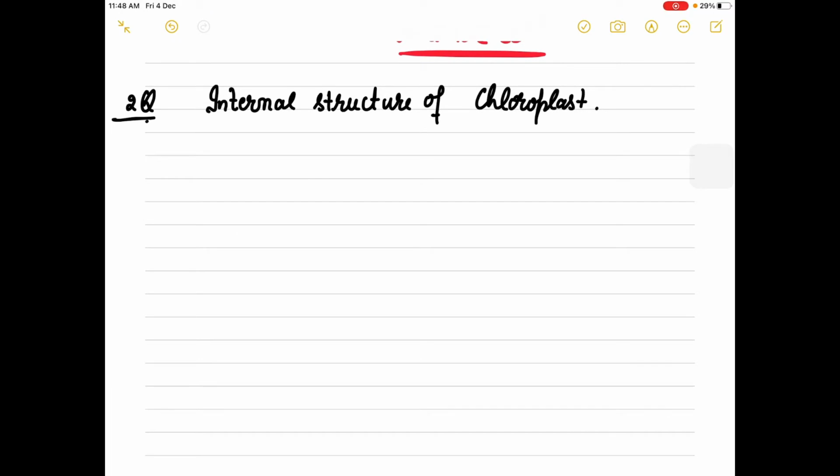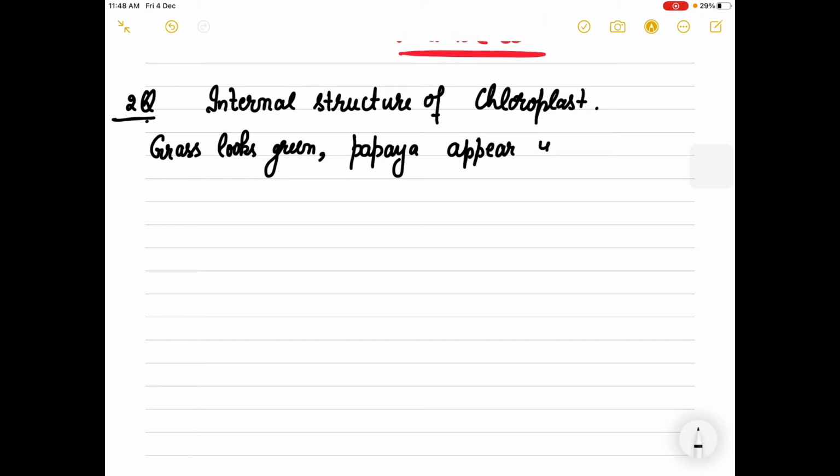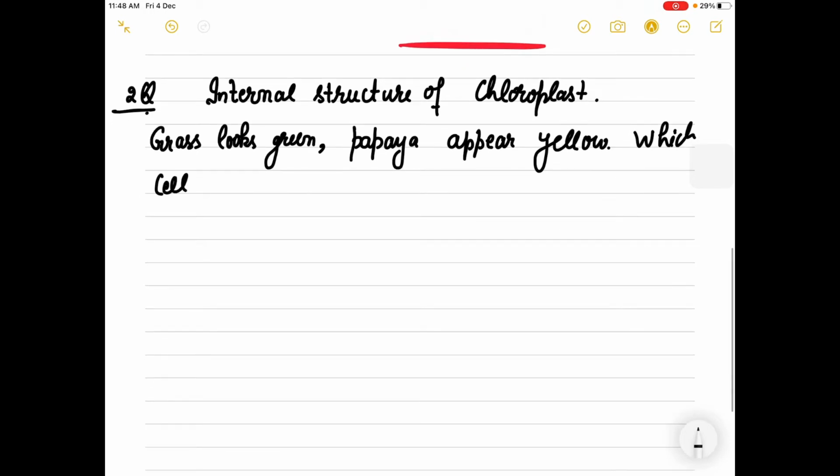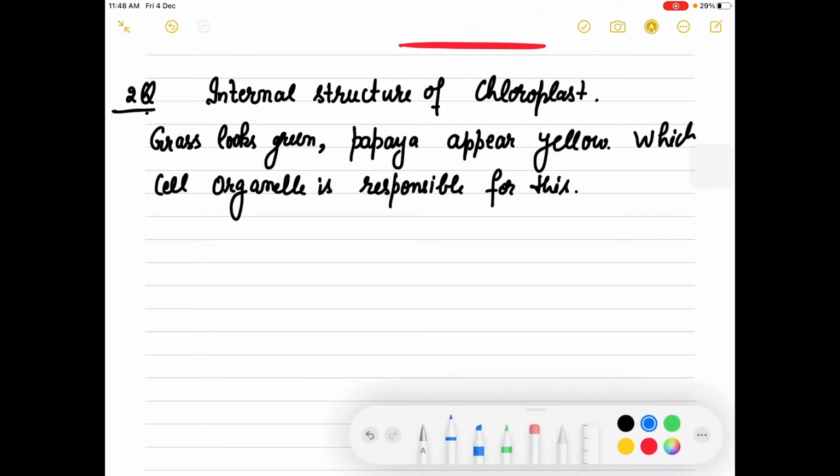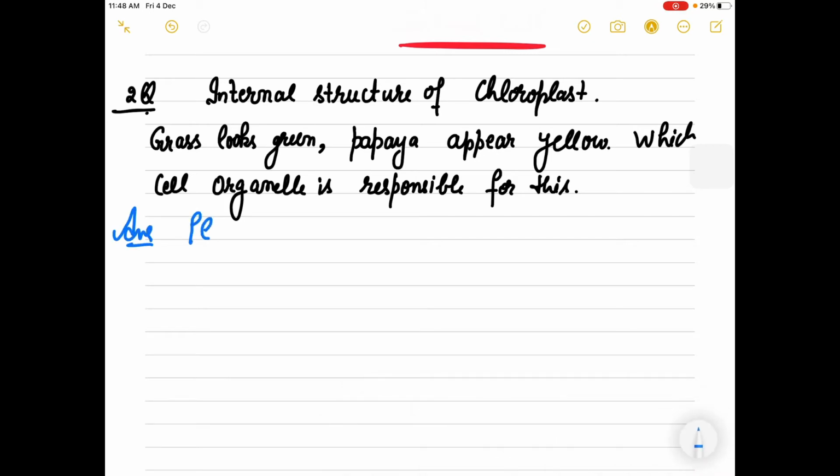The question which is asked in exam about the chloroplast is sometimes: grass looks green and papaya appears yellow, which cell organelle is responsible for this type of condition? Usually this question comes in the 3 marks, and your answer will be plastids.